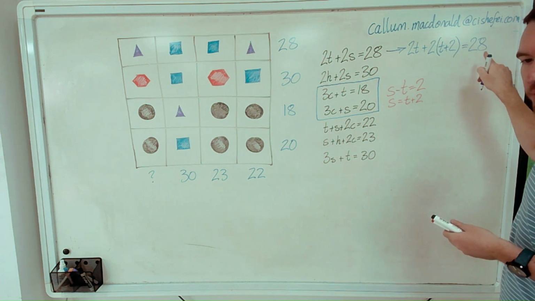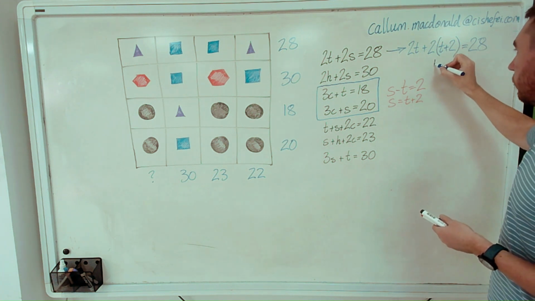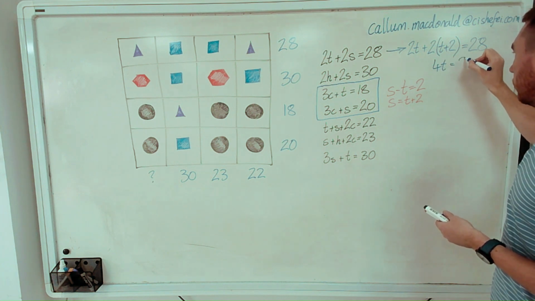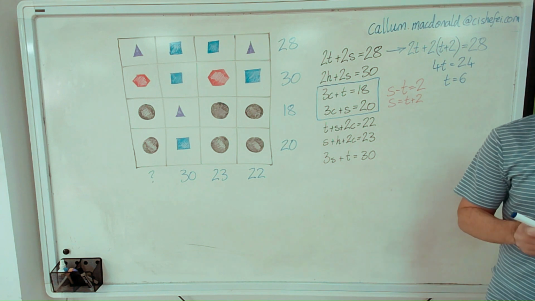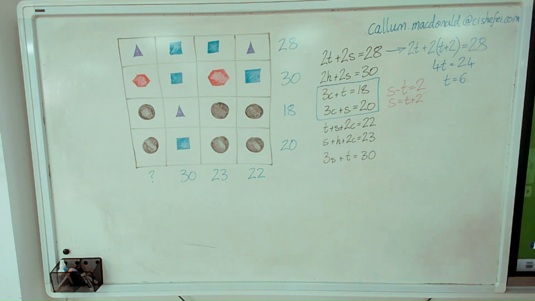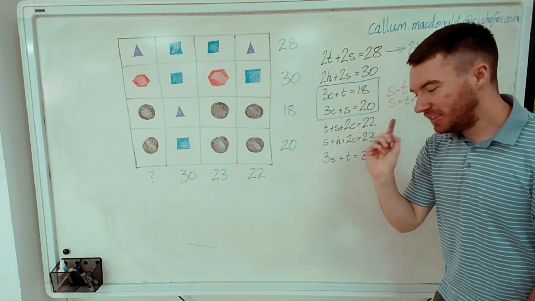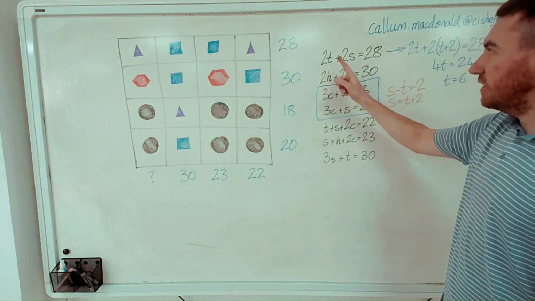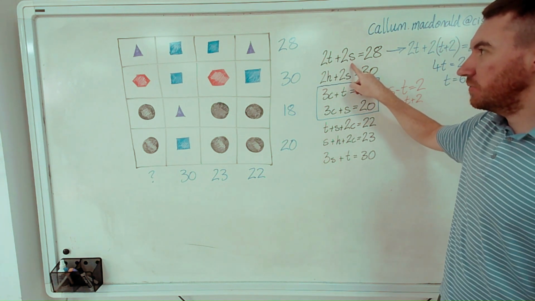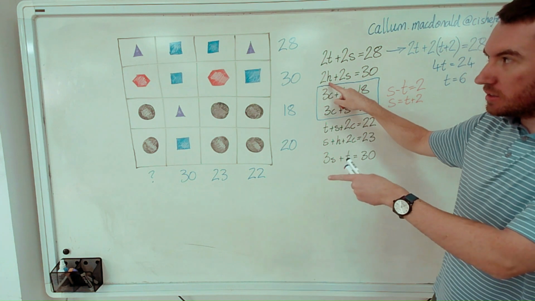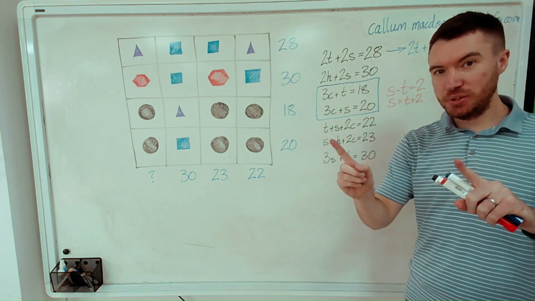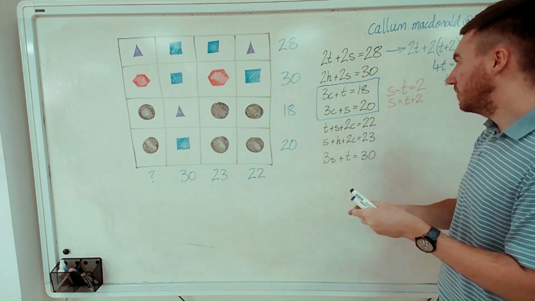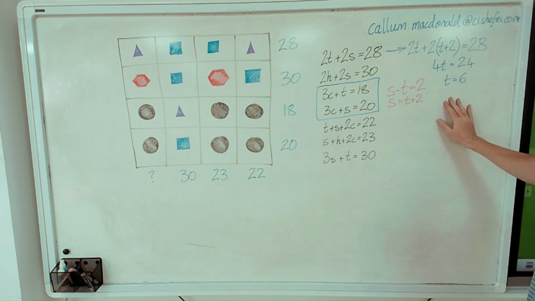Take away 4 from both sides, and I get 4T is equal to 24, and T is equal to 6. Okay, so I've solved what is a triangle. Sorry, did I not mention? I called the triangles T, the squares S, the hexagons H, and the circles C. Should have mentioned that, but that's what I did.